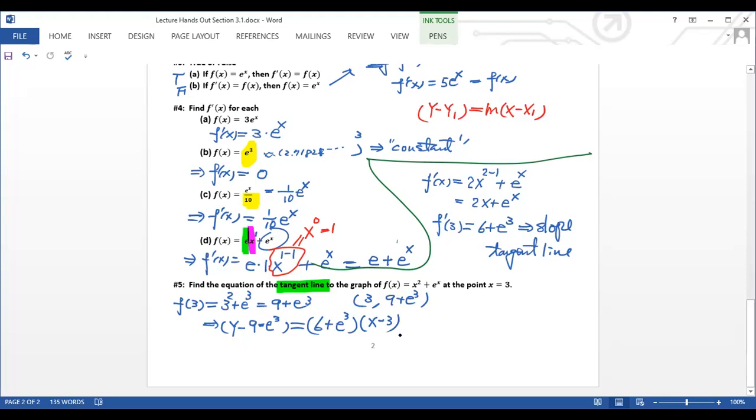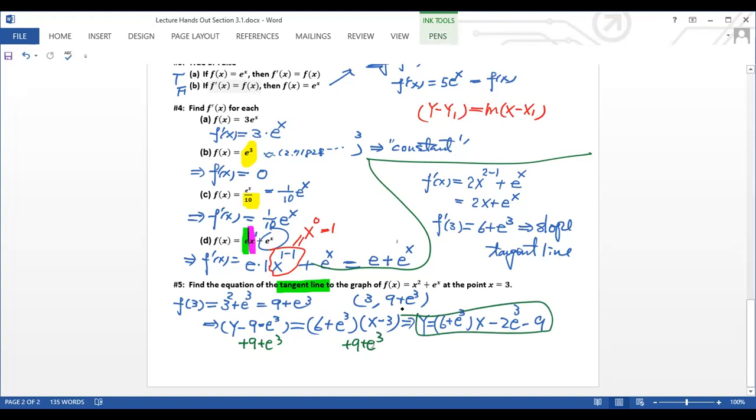If you simplify this a little bit, you can say y is equal to 6 plus e^3 times x, minus 3 times 6 plus e^3, then move the 9 plus e^3 over by adding it, and then simplify. You will get your tangent line here.